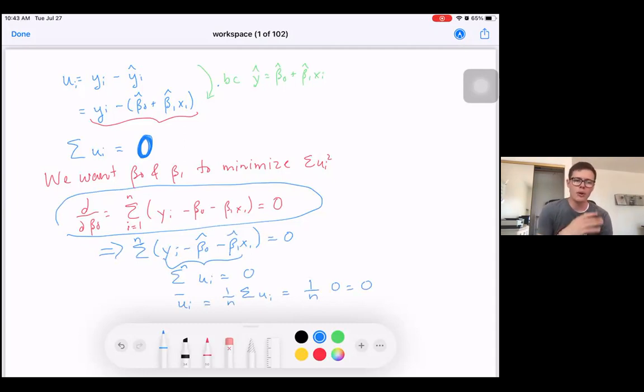It's just once you notice that the errors, when you sum them all up, equal 0. That's both of these questions basically. It's the exact same idea. You need the beta naught to shift the slope up or down so that the line is going through the middle of the points.